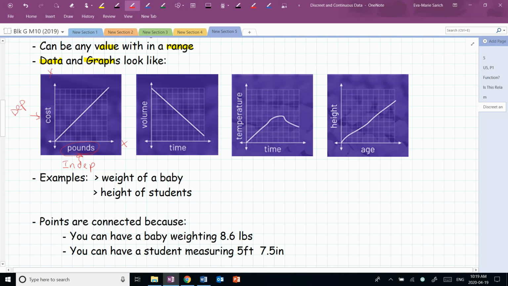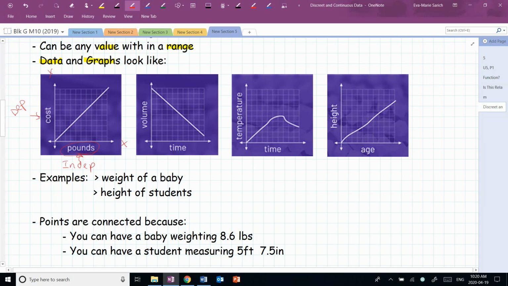Now, you can have any number of bananas, and we can get a full range of numbers. So these can be joined together, because you can get 2.2 pounds of bananas, you could get 2.8 pounds, you could get 2.5 pounds. There's any combination of that, and that will then determine the cost that you pay for the bananas.